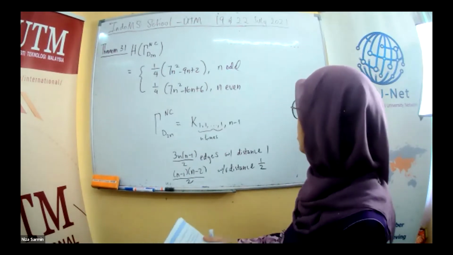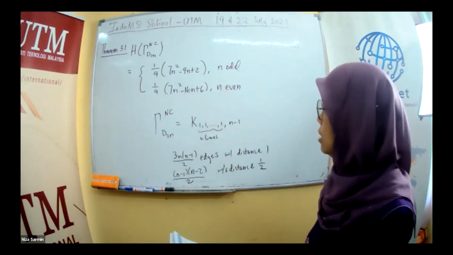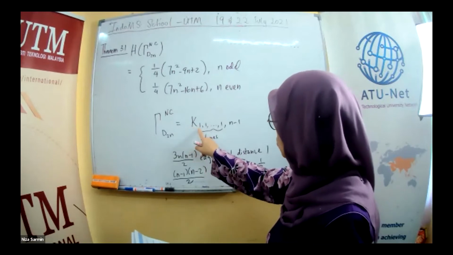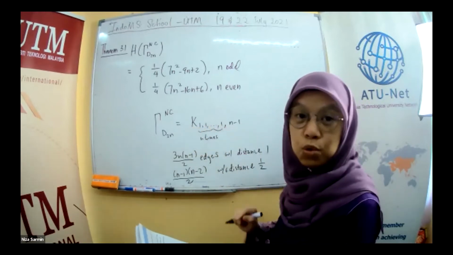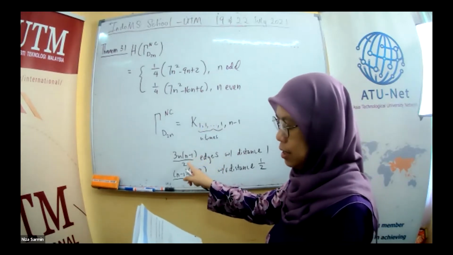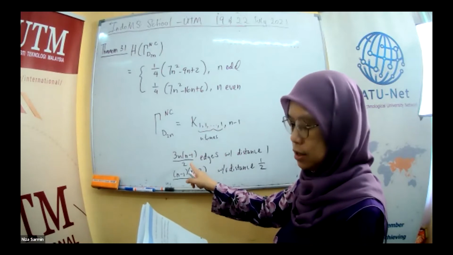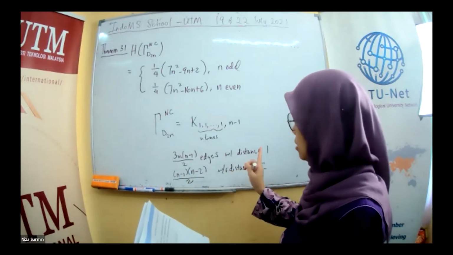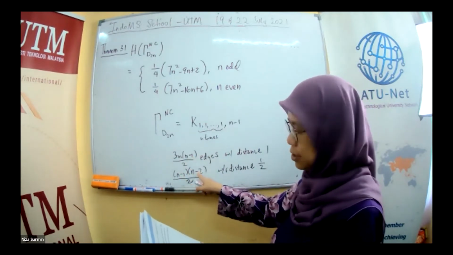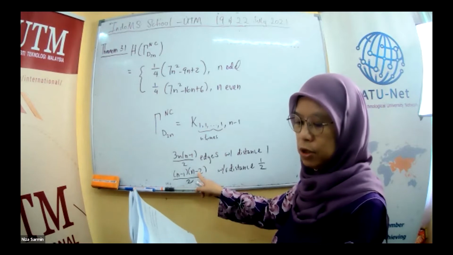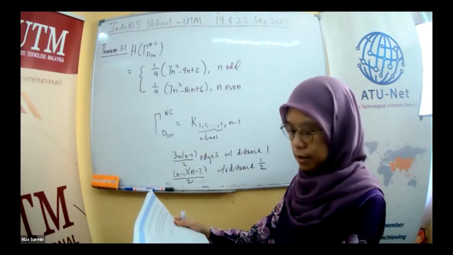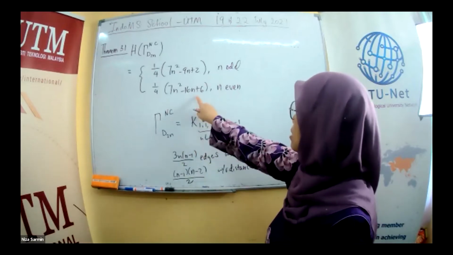For the other one, for the case n is even, the graph is still multipartite, but this one is 2, 2, 2, and minus 2. So similarly, you have 3n(n minus 2) over 2 edges with distance 1. This is n minus 2 for this one. Then (n minus 2)(n minus 3), right, with reciprocal distance 1/2. So you add up all these reciprocals and you will get exactly this.